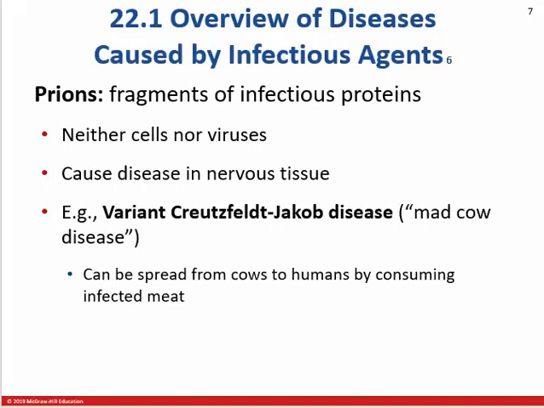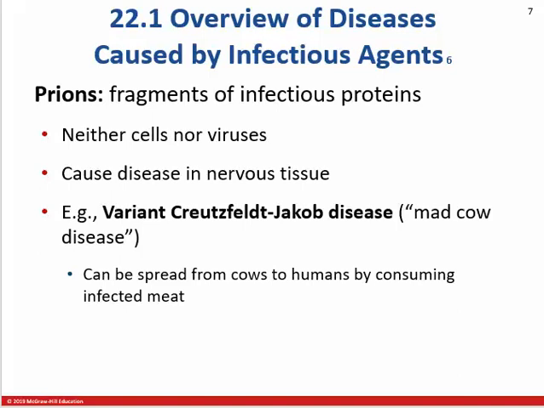I mentioned prions. These are infectious proteins. They're not cells. They're not viruses. They are just abnormally folded proteins that seem to be able to reproduce themselves. They cause neurological issues: mad cow disease, Creutzfeldt-Jakob disease, Kuru.